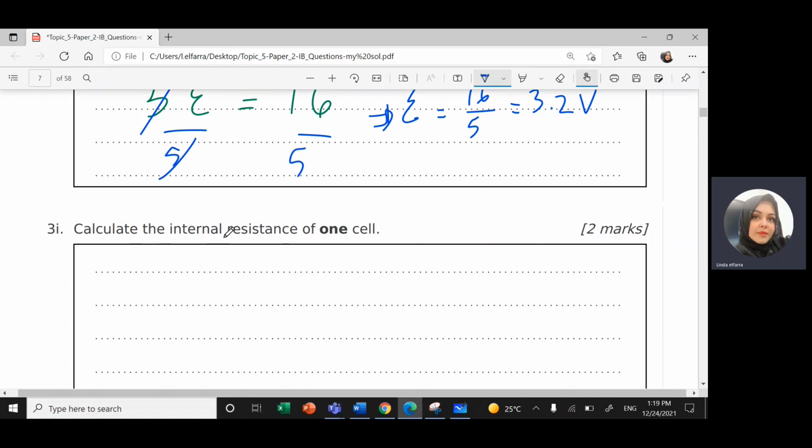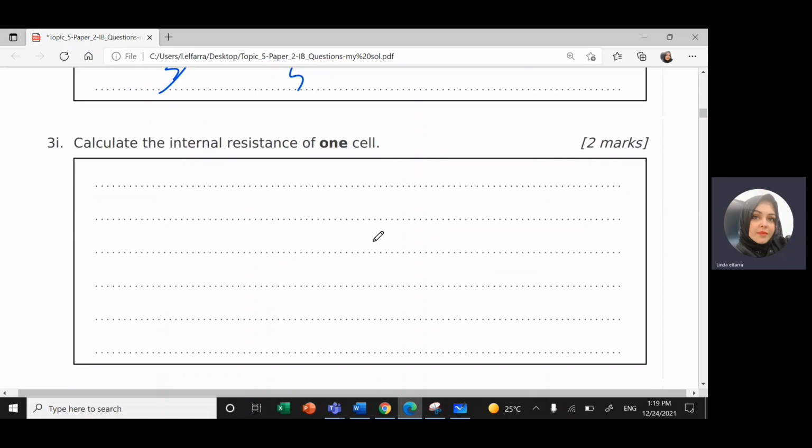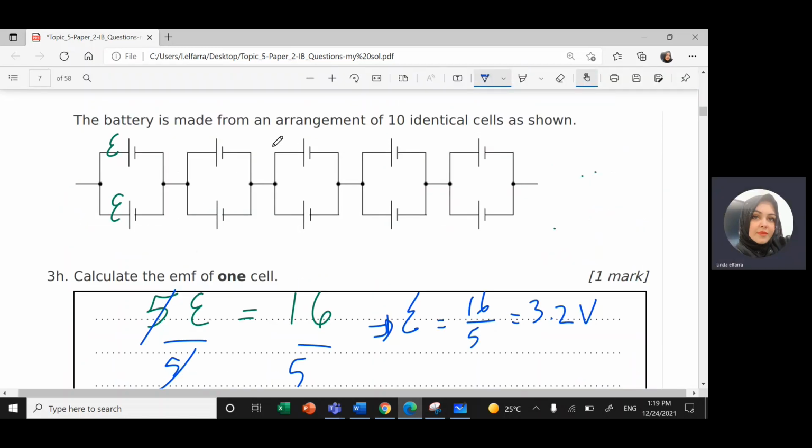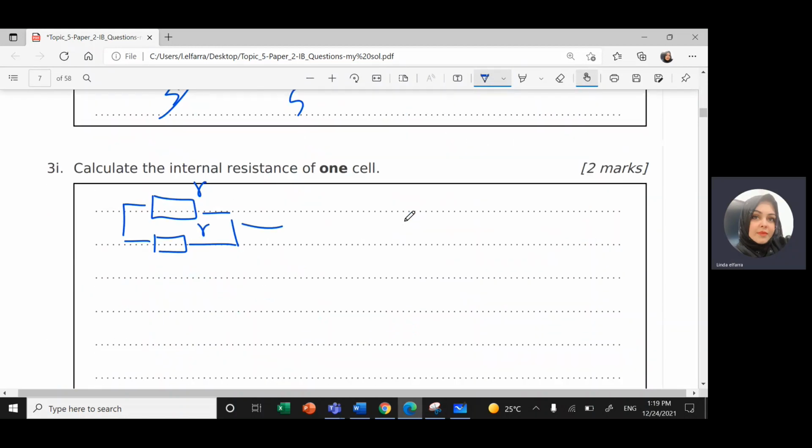Calculate the internal resistance of one cell. Now remember, this is the internal resistance r. I'm going to draw the same figure without the battery, just with the internal resistance, because I need to find the equivalent resistance.